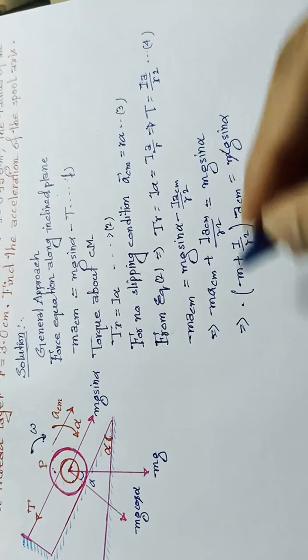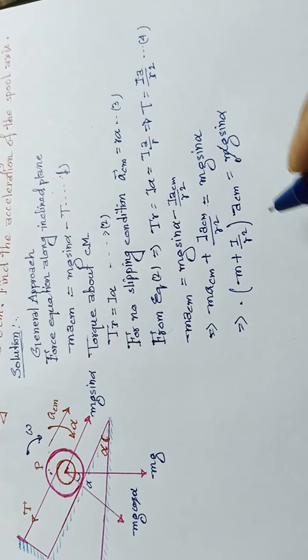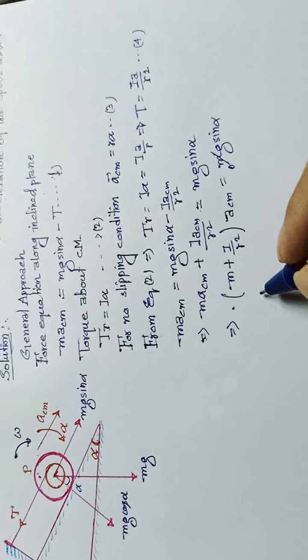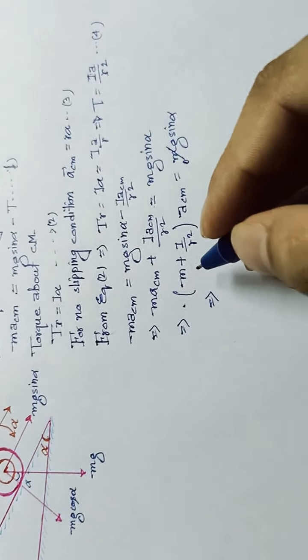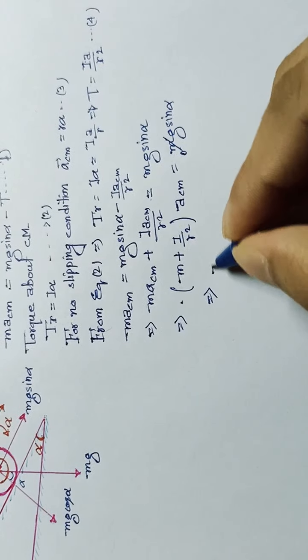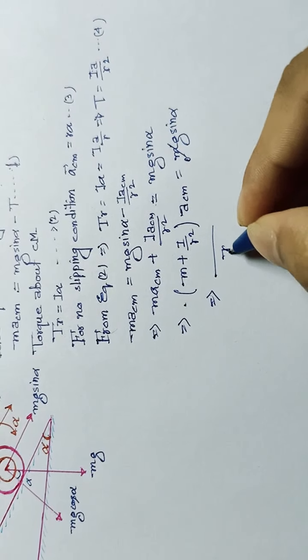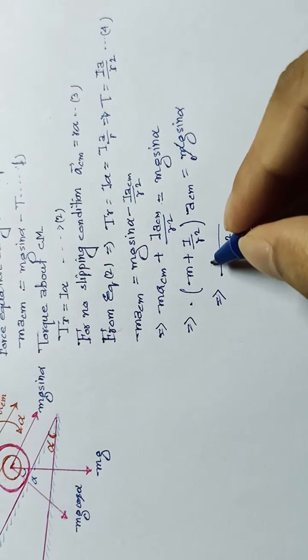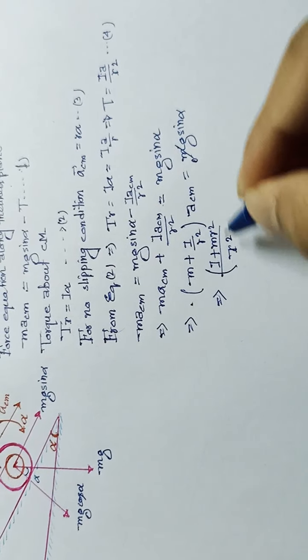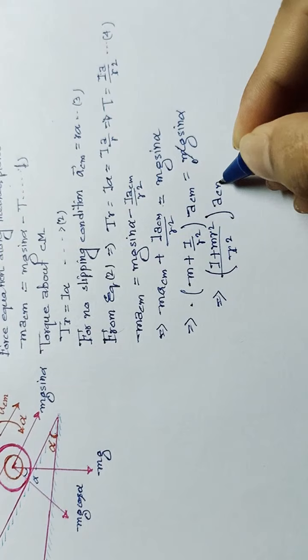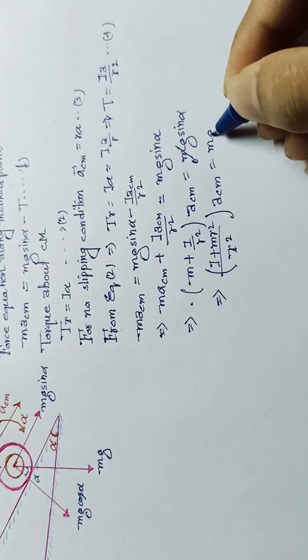Calculating this term, R square will be in the denominator and in the numerator will be I plus m R square, into a_cm equal to mg sin alpha.